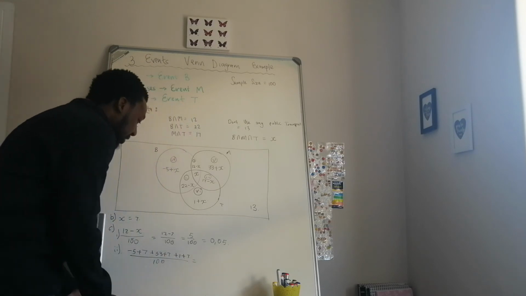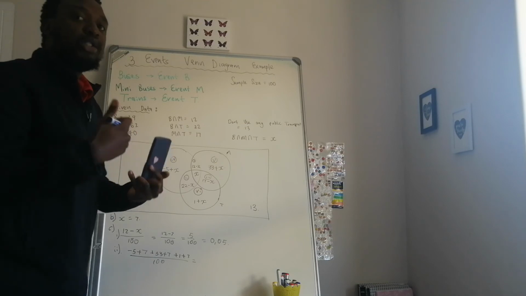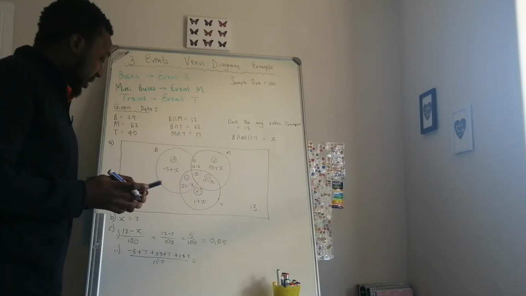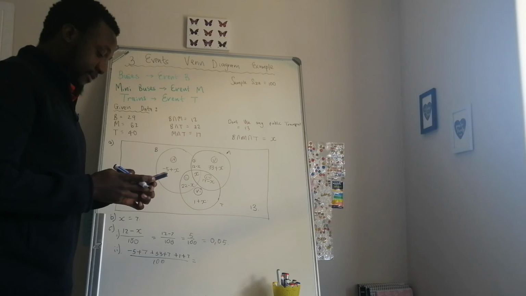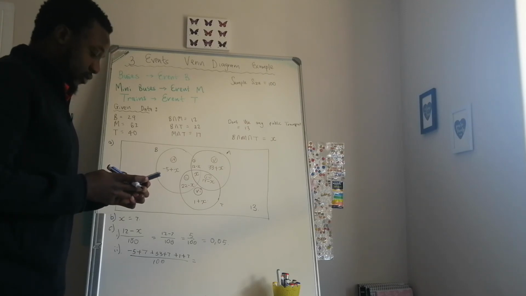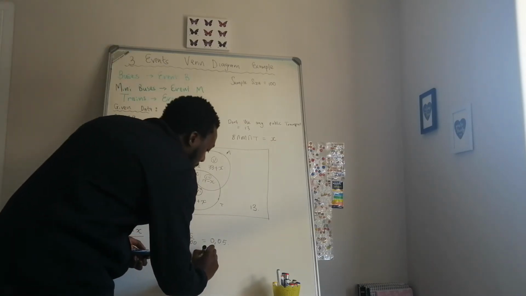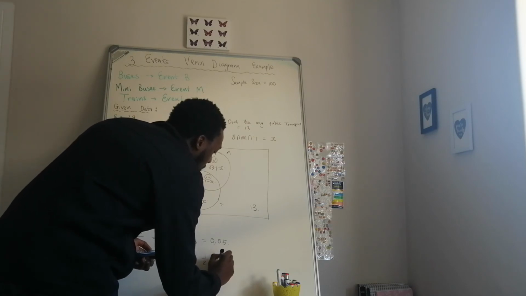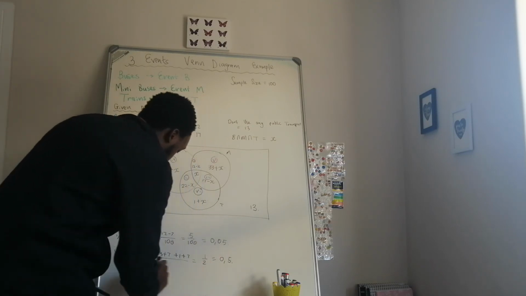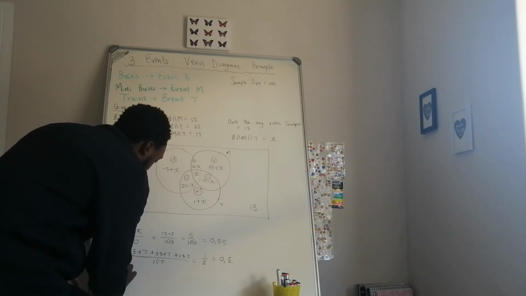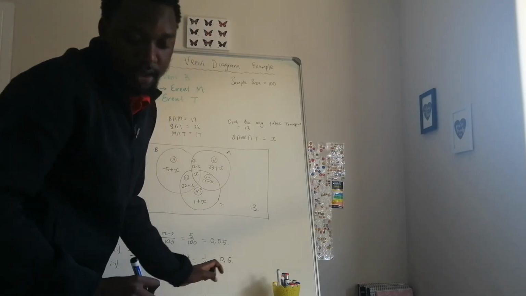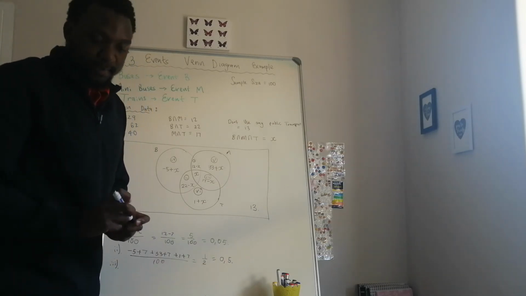Remember, it's probabilities, so it's going to be over the total sample space or sample size. 3 plus 7 plus 1 plus 7. So this is a half, which is 50%. So 50% of people use only one mode of transport.